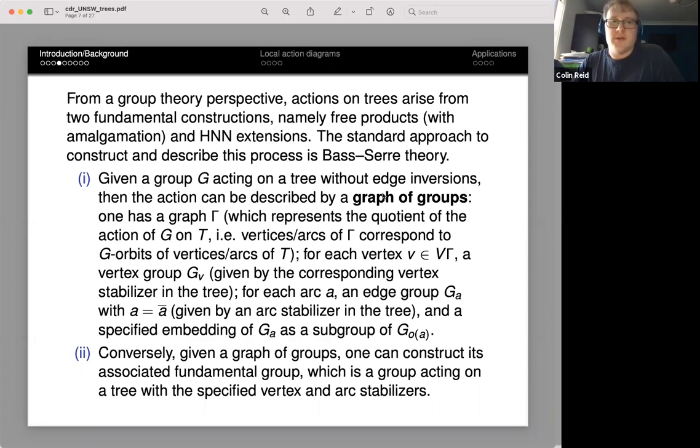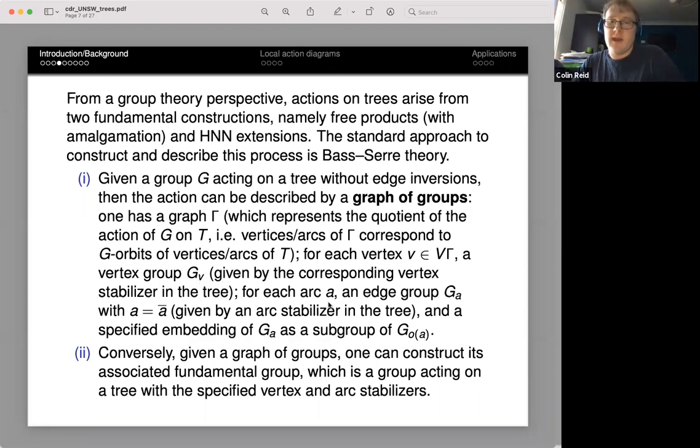Given a group acting on a tree without edge inversions, then the action can be described by a graph of groups. So you have a graph Gamma which represents the quotient of the action of G on T. That means the vertices and arcs correspond to orbits of vertices and arcs of the tree. And then for each vertex of Gamma, you have a vertex group, which corresponds to the vertex stabilizer in the tree.